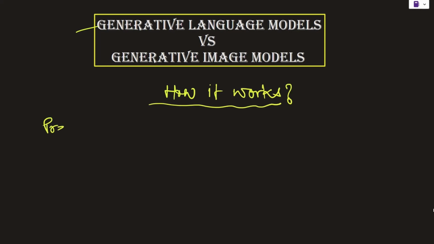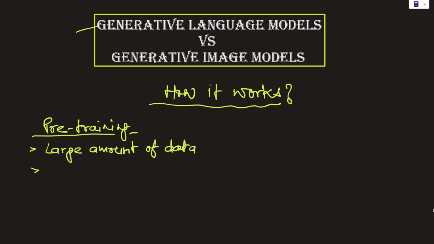If we discuss the pre-training part, the first thing is a large amount of data. Secondly, this model will have billions and billions of parameters to train. When we say parameters, I mean the weights, and training the parameters means reaching suitable values for all these weights that will give you the minimum loss, or in simple words, make the prediction more precise.